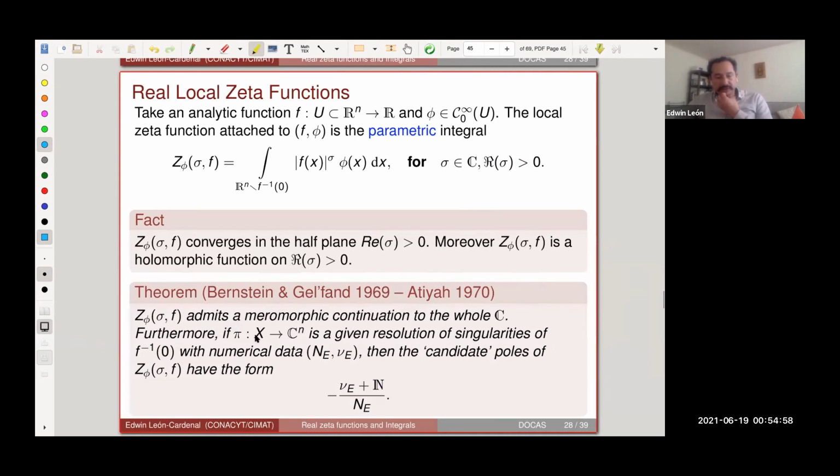And moreover, if you consider a given resolution of singularities, and these are the numerical data of the resolution, then the candidate poles have this form. Okay, they are given by these arithmetic progressions, where the data here is the numerical data of the resolution.